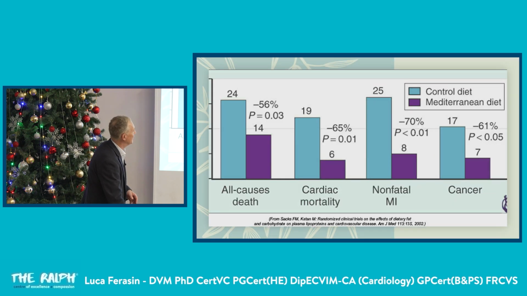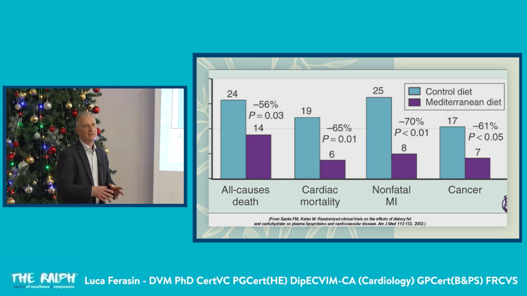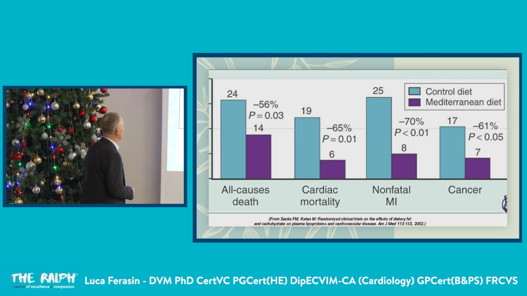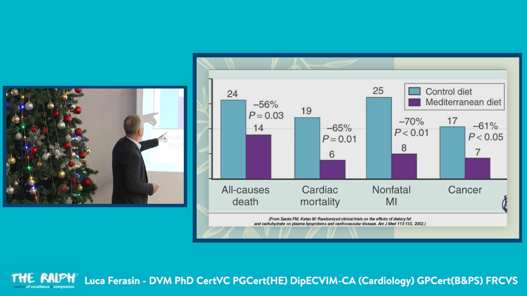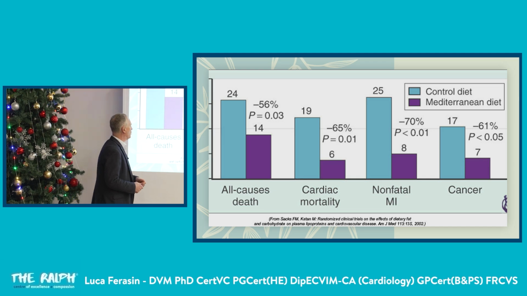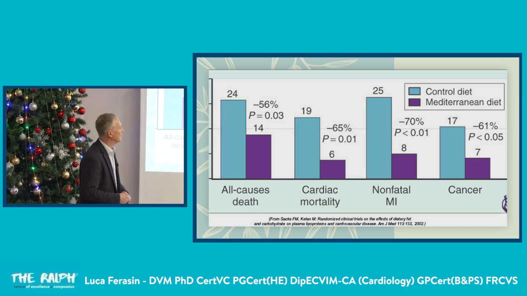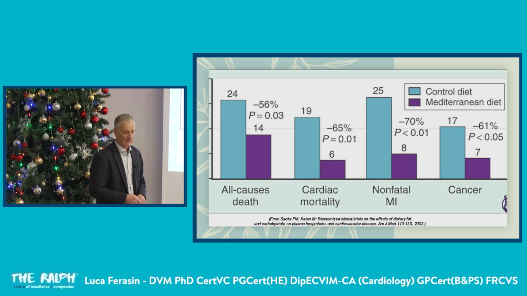And indeed, a lot of studies came out after that where they compared the control diet, rich in carbohydrates, with the so-called Mediterranean diet, which is rich in fish. And what they found is that the Mediterranean diet significantly drops all causes of death, cardiac mortality, non-fatal myocardial infarction, and even cancer.